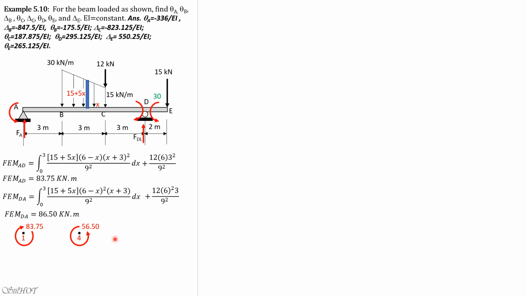So 56.5. So let's now have the stiffness of AB and the fixed end forces FA. Summation of moment at D, so FA times 9 plus 86 plus this value here, this is 37.75.